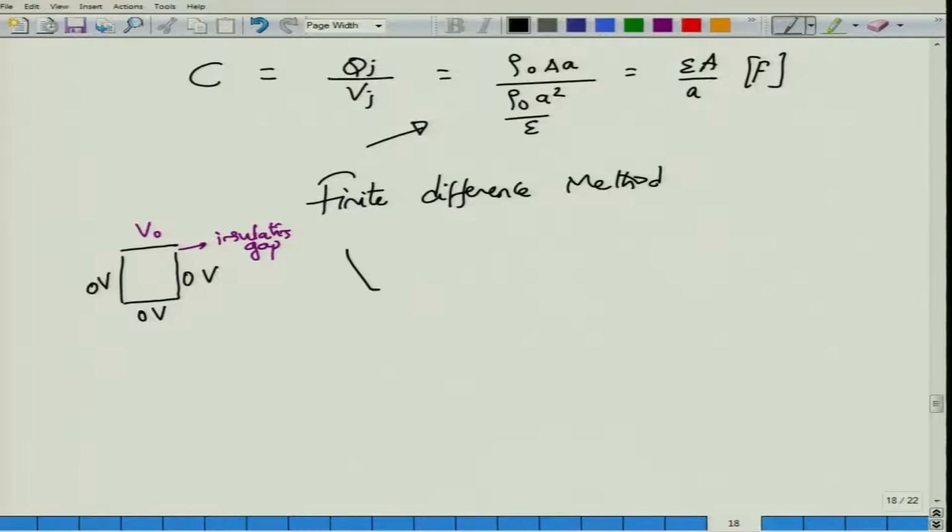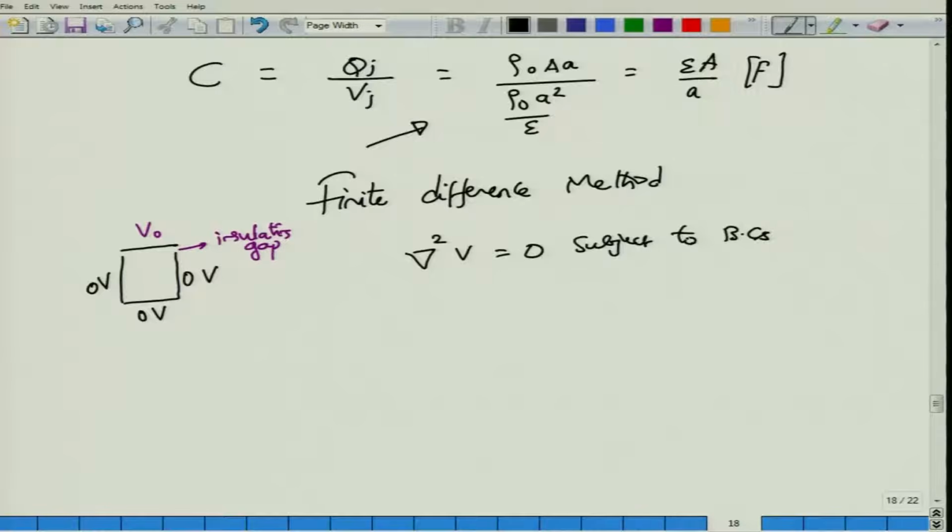For example, if I consider this trough, there is absolutely no simple analytical solution for this problem, but it can be as easily handled as the corresponding square trough problem. So that's the advantage of a numerical method. You can easily generalize it to other cross sections without too much effort. Okay, so the equation we solve is del squared V equal to 0 subject to boundary conditions, right?